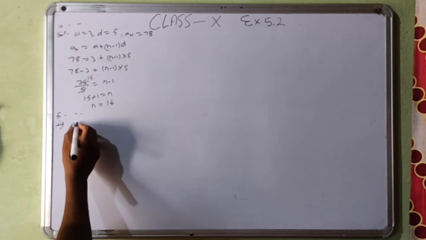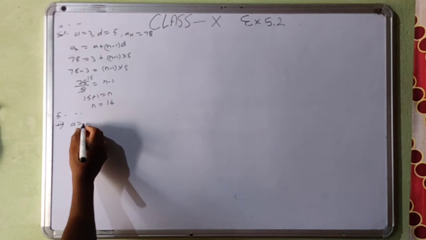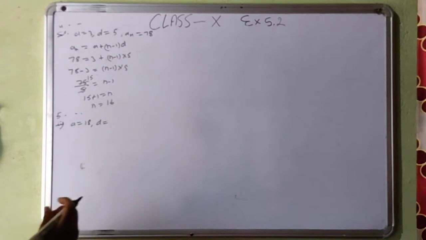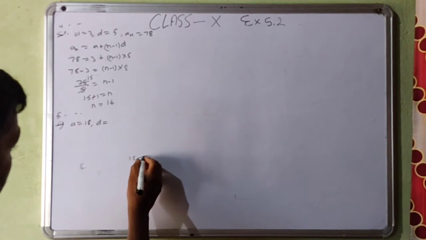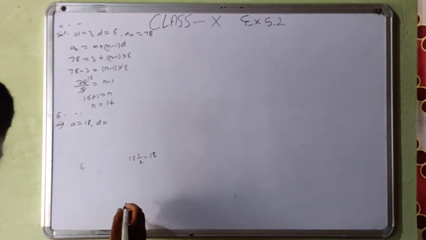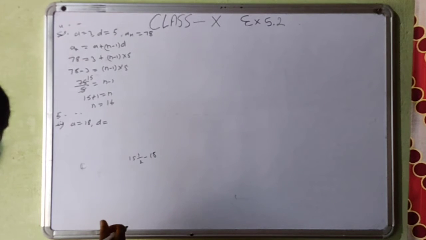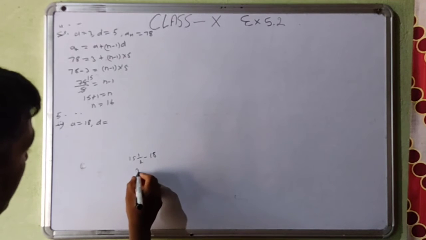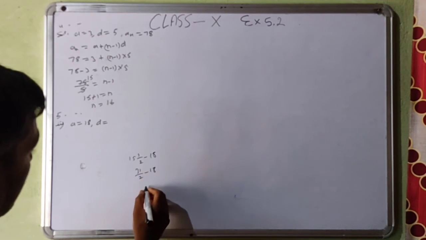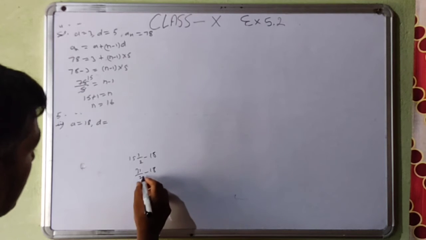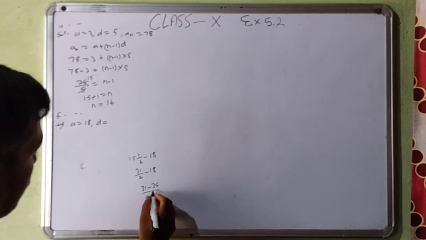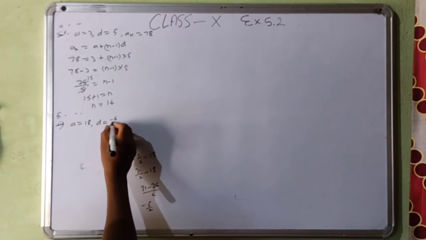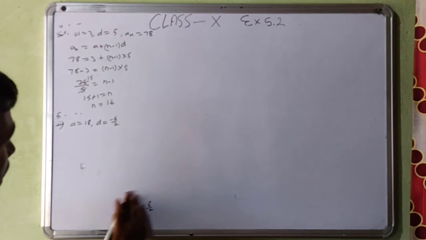So I am doing here A is equal to 18, D is equal to 15 whole 1 upon 2 minus 18. So that will be 15 2s are 30, 31 upon 2 minus 18. So 31 minus 36 upon 2. So that is minus 5 upon 2. D is minus 5 upon 2.